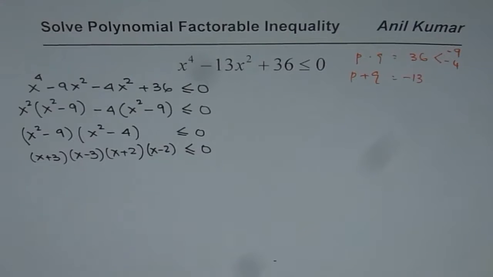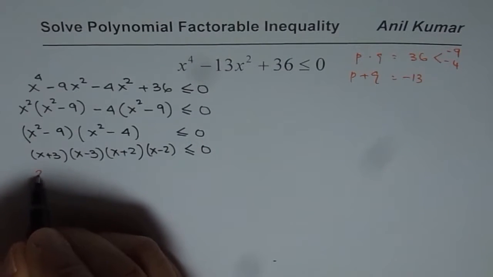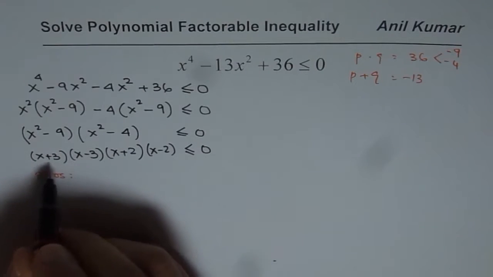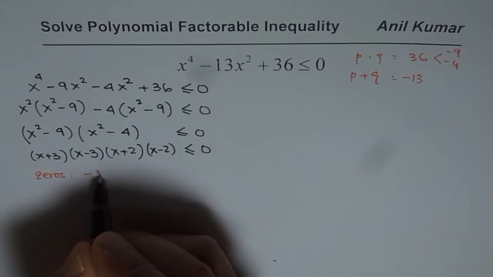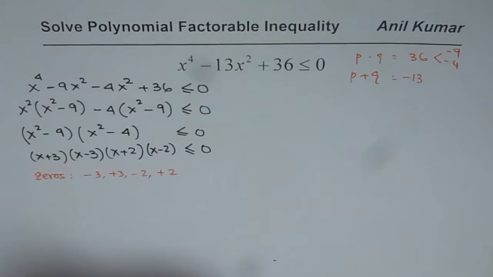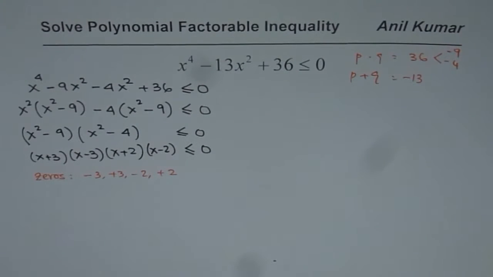Now we'll see how to solve inequalities. Steps to solve inequalities involve finding zeros. So zeros in this case are at minus 3, plus 3, minus 2, and plus 2. You should remember that it is only at zeros that the function sign can change from negative to positive or positive to negative.